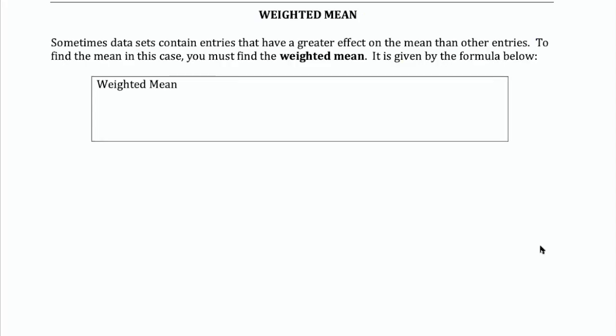Now we're going to move on to a more complicated version of the mean, which is the weighted mean. The weighted mean is used when certain values have more effect than other values.